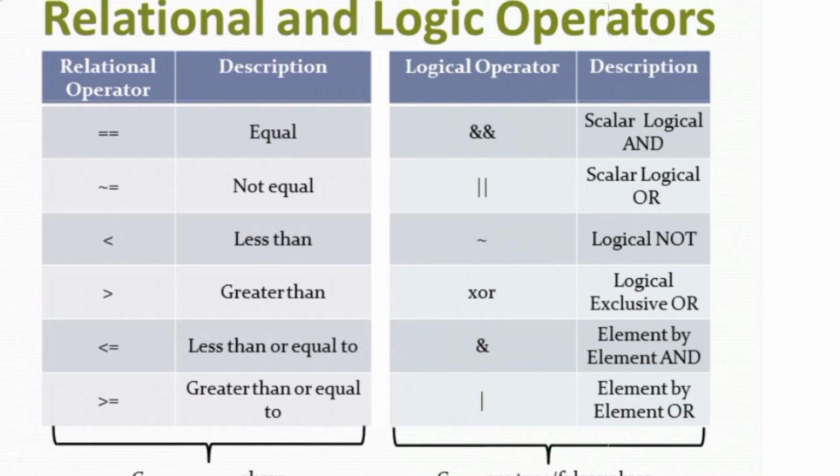We have the logical or, which is 2 vertical lines, and then we have the not symbol, which is again the tilde. We also have the 3 down at the bottom: the exclusive or, the element by element and, and the element by element or. We won't really do too much with exclusive or, and we won't talk about the element by element and or the element by element or until later on in the semester when we start talking about arrays in more detail.